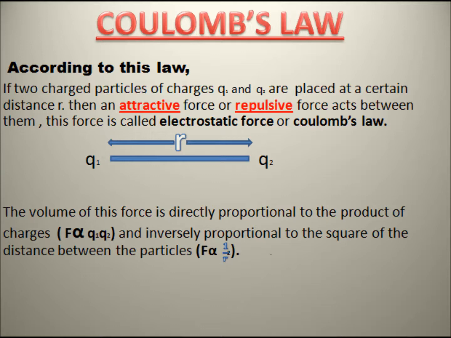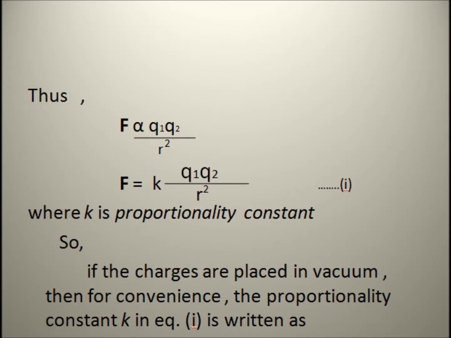We will also go through the derivation of this law. F is directly proportional to q1 q2 upon r squared. To remove the proportionality, we can place an equals sign and multiply by k, that is, F is equal to k times q1 q2 upon r squared, which is equation 1 of Coulomb's law, where k is the proportionality constant and its value depends on the units used for charges, distance and force.